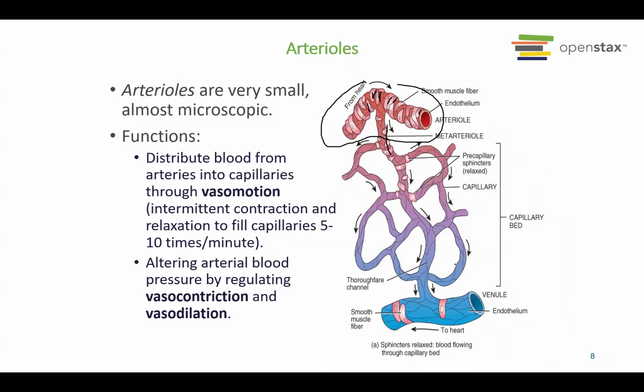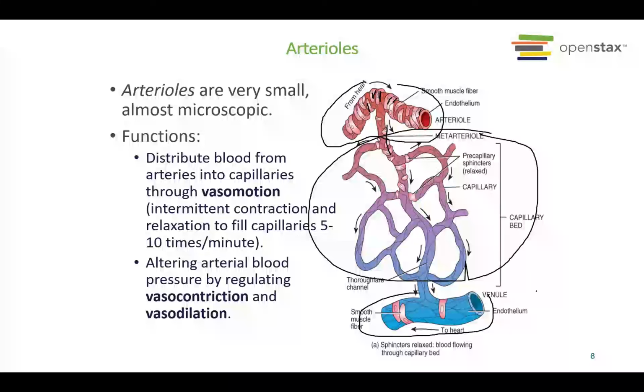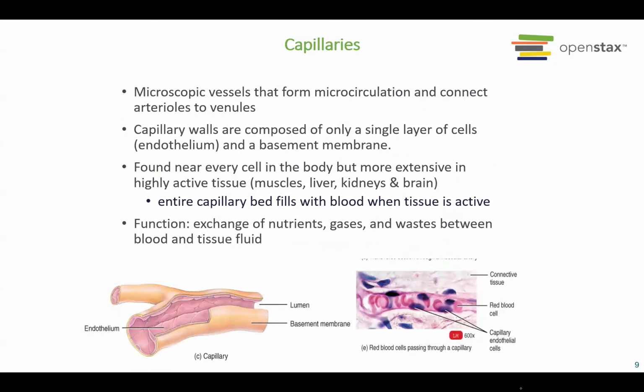As we know, arterioles with the venules will create this capillary. And capillary is the place for exchange of nutrients, hormones, gases, and many more. So it will be exchanged in the capillary within the tissue or organ. Again, we have mentioned a little bit about capillaries last time.